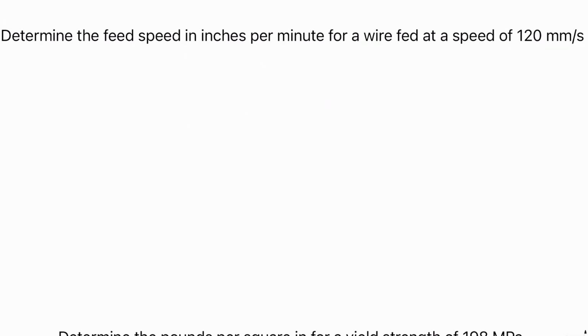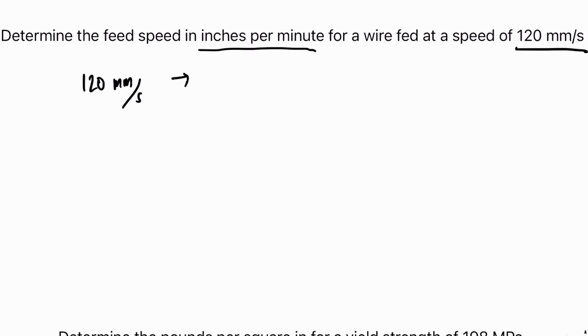Another example of conversion here: determine the feed speed in inches per minute for a wire fed at a speed of 120 millimeters per second. So you need to convert 120 millimeters per second into inches per minute.